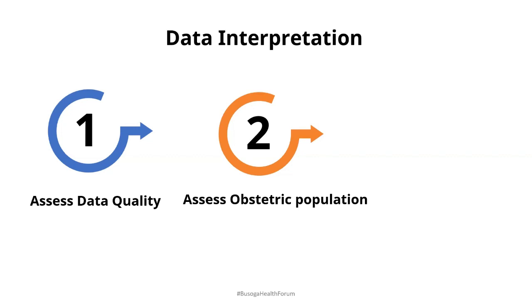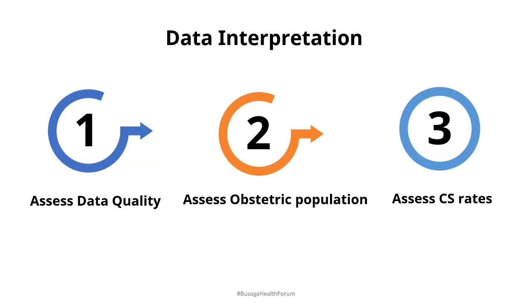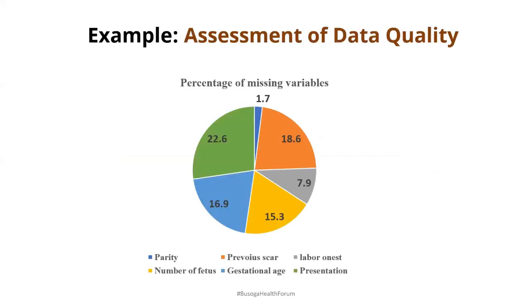So understand the obstetric population. Then lastly, as the point of focus, assess the cesarean delivery rates per group. Look at what each group contributes to the overall, and then compare those different groups. Try to think around and understand what could have led to those high cesarean delivery rates in a particular group, and why some groups have much lower cesarean delivery rates.